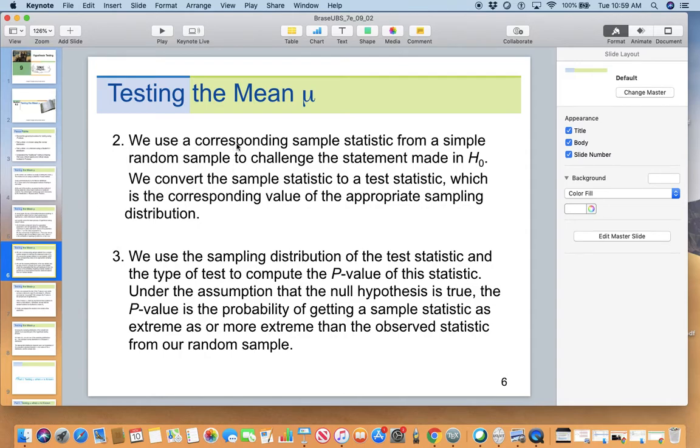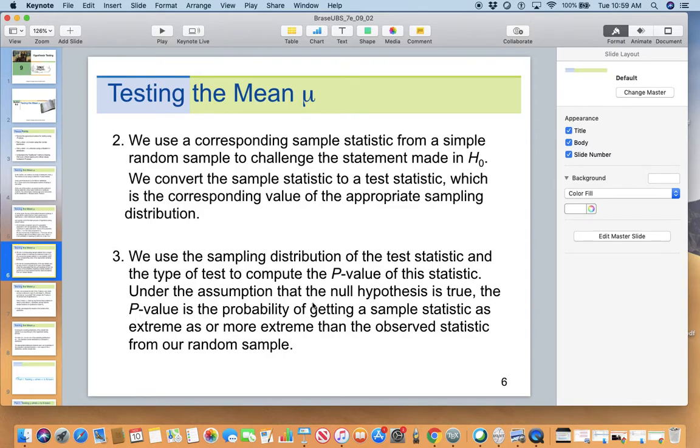Now, we use a corresponding sample statistic from a simple random sample to challenge the statement made in H0. We convert the sample statistic to a test statistic, which is the corresponding value of the appropriate sampling distribution. We use the sampling distribution of the test statistic and the type of test to compute the p-value of the statistic.